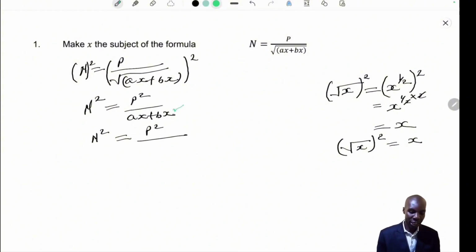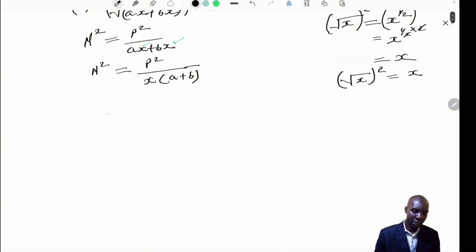You can see x is common. So we'll have x in bracket a plus b, like that. So what we have now is n squared is equal to p squared over x in bracket a plus b.